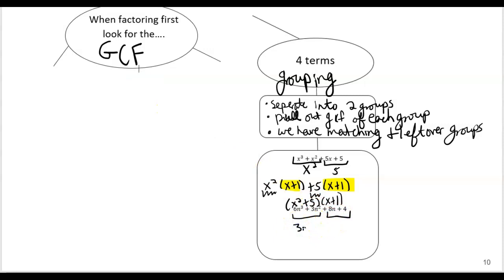We pull out a 3n squared. And we end up with 2n plus 1. We pull out a 4, 2n plus 1. We have our matching and our leftovers. There we go. That's skill 10.